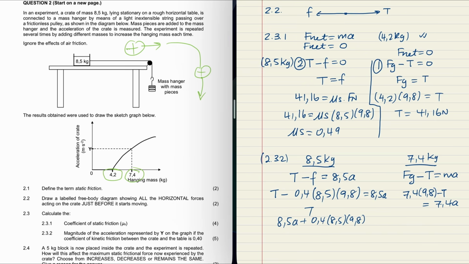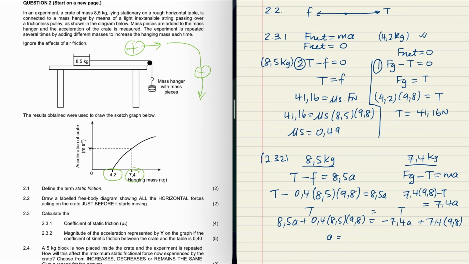That's going to be tension, and that's going to equal, on this side, minus 7.4a, and then plus 7.4 into 9.8, and that's going to be T as well on this side. And now I can solve for a.